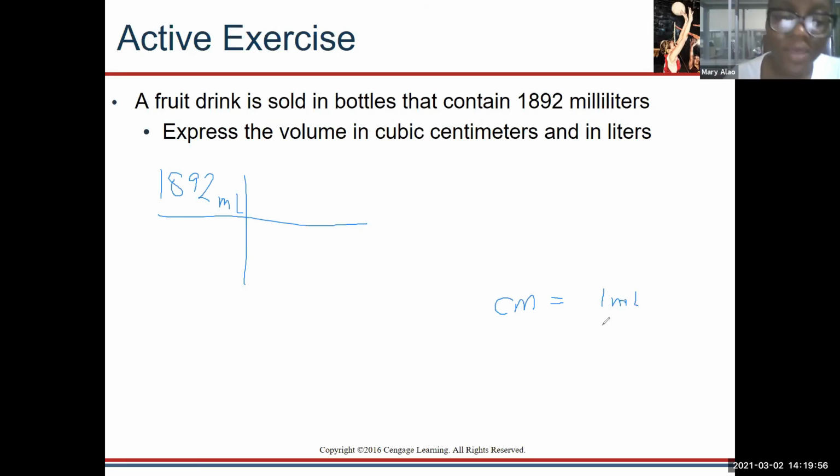I was thinking that maybe if centimeters equals liters, then you could just cube it. No, because they're not the same unit. Centimeters is distance and liters is volume, so you can't do that. We just talked about that. So what am I going to use? What did I say earlier? Anybody remember?